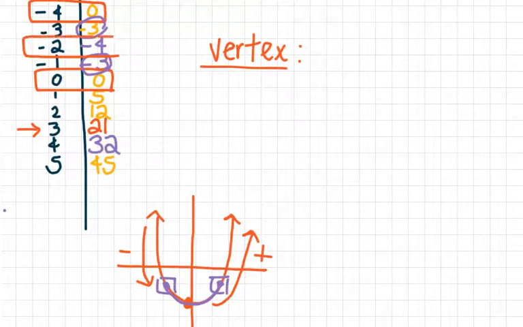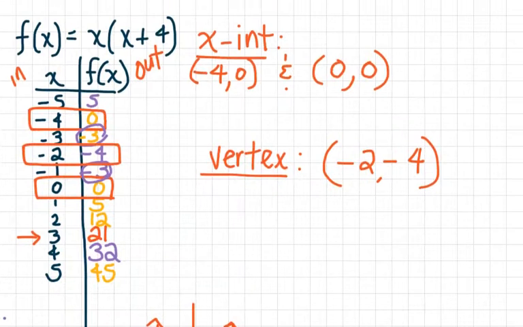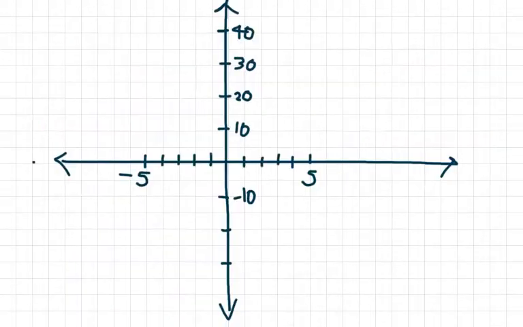And I know it's my vertex because I'm going from (-3, -3) to (-2, -4), then going up to (-1, -3). So I'm changing direction right here at (-2, -4). So my vertex is (-2, -4).